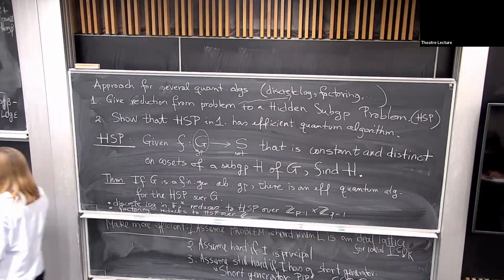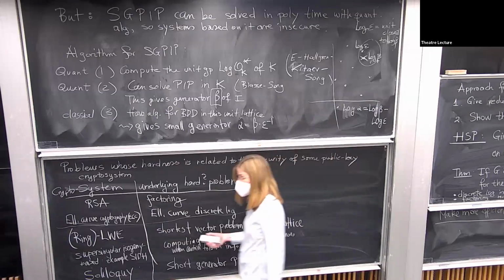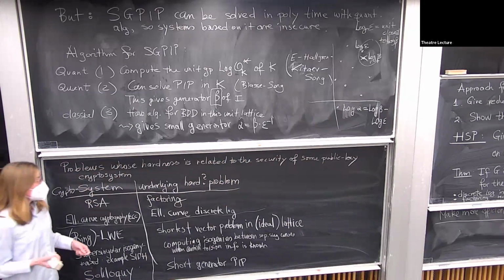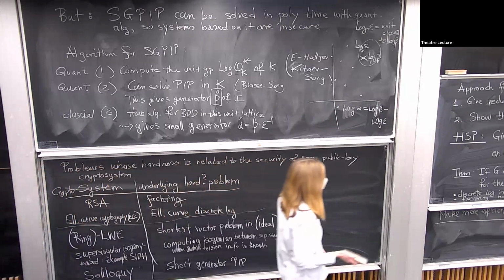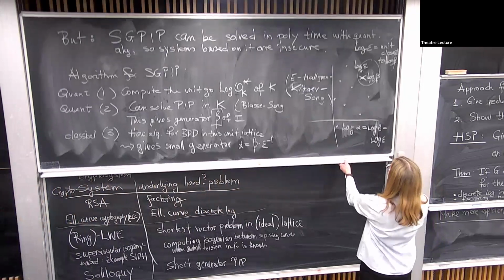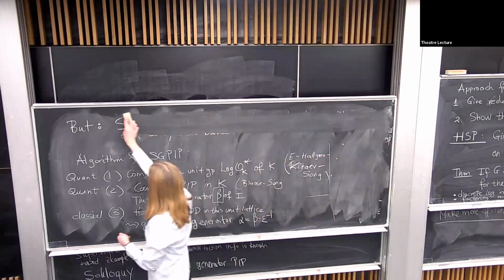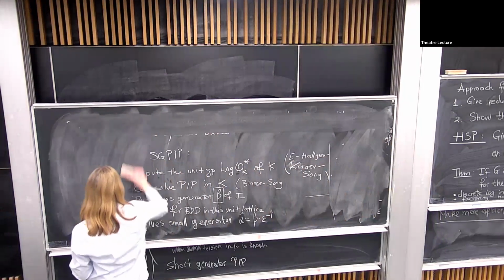So that is all I wanted to say about lattices. Since it was so recent, I wanted to at least mention what happened with the system based on isogenies. So let me remove the lattices. This is for supersingular elliptic curves.